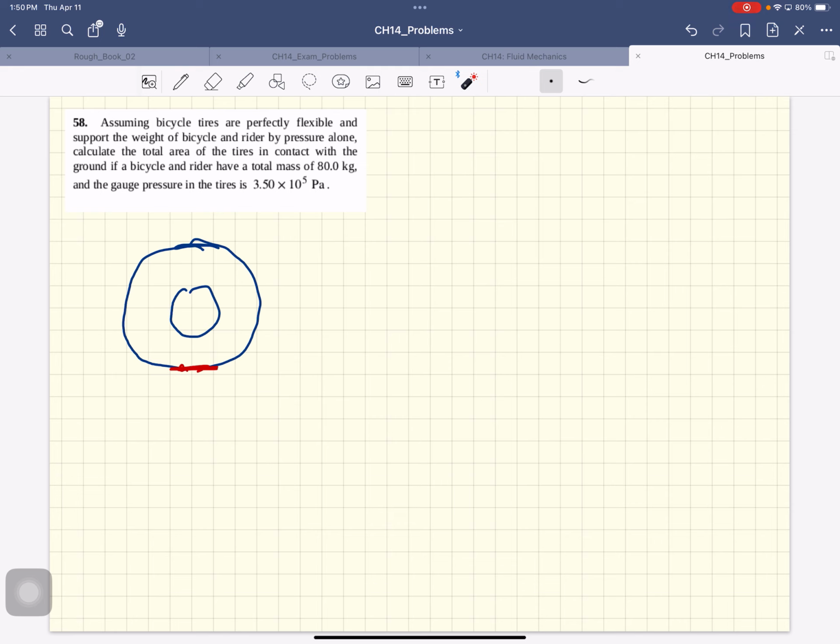Okay, so why isn't the rubber flying up? Well, this is the force that the air is exerting, and that's balancing the normal force, which is equal to the weight.